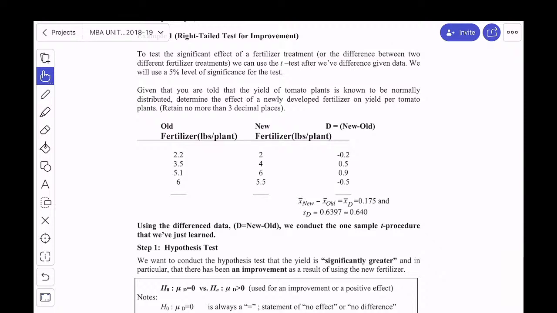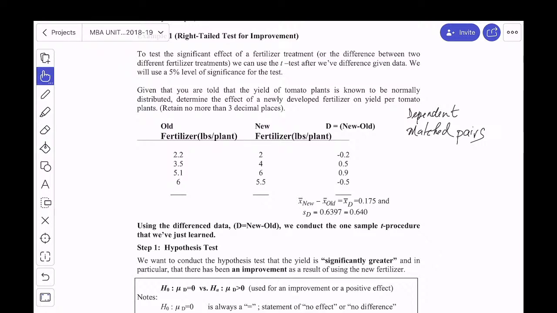So here's an example. This is for dependent, or they say matched pairs. So this goes back to when we learned about what matched pairs designs were in experiments.